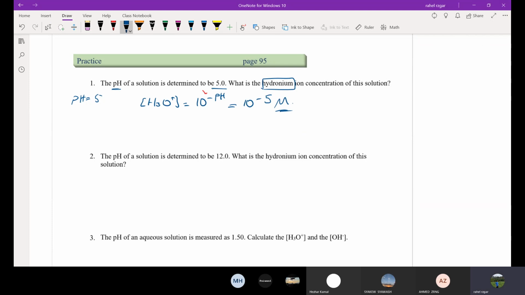The next question is also the same. pH is given, just find hydronium. So H3O is equal to 10 to the power of minus pH, 10 to the power of minus 12.